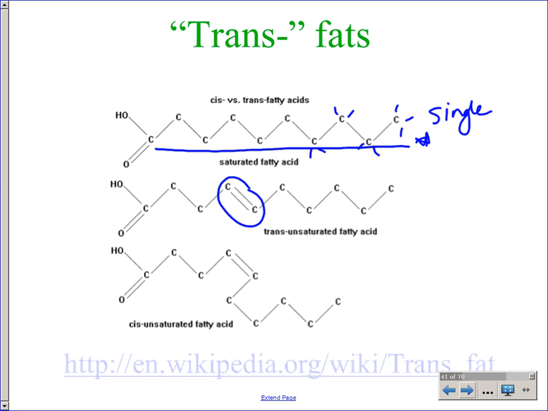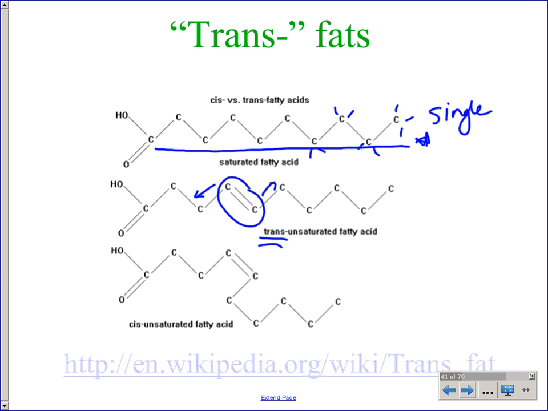It's not totally saturated with hydrogens due to the fact we have a double bond. And that double bond makes it unsaturated because that double bond's taking up place for some hydrogens to be located. And since this end of the carbon chain is below and this end is above, it's trans, which means opposite.